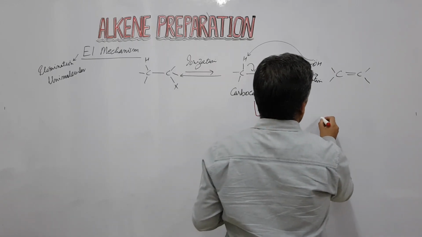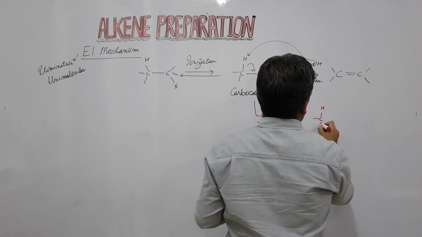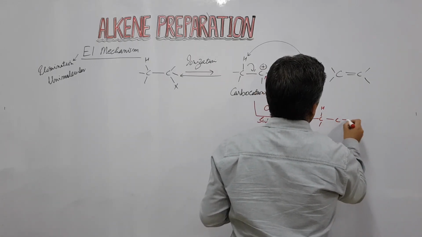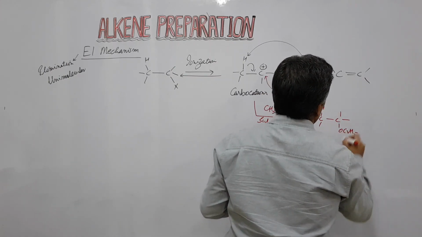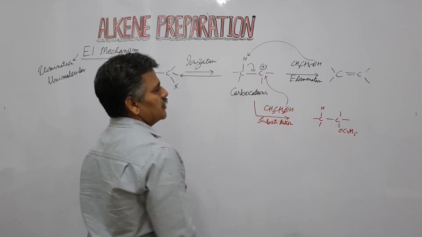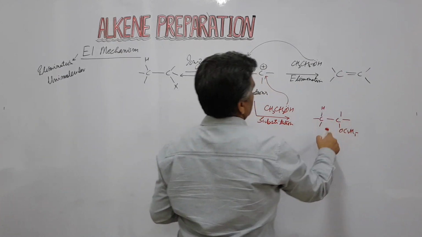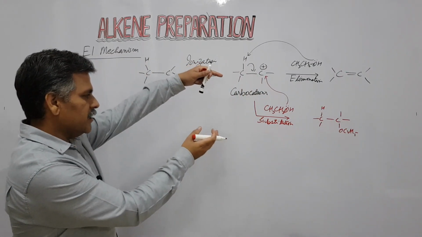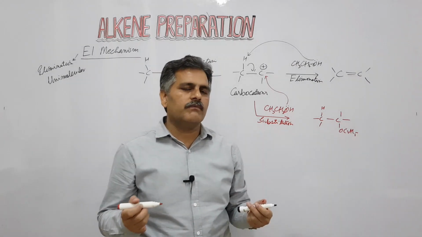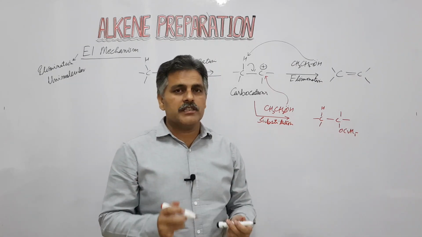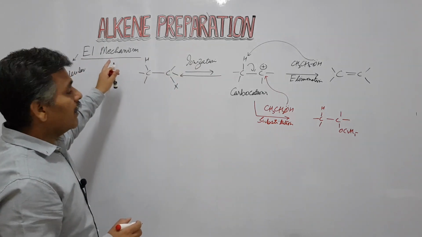And here we have the product with OC2H5. This is the elimination product, this is the substitution product. So there is a competition between elimination and substitution reaction. It means multiple products are formed when we carry out elimination reaction with E1 mechanism.